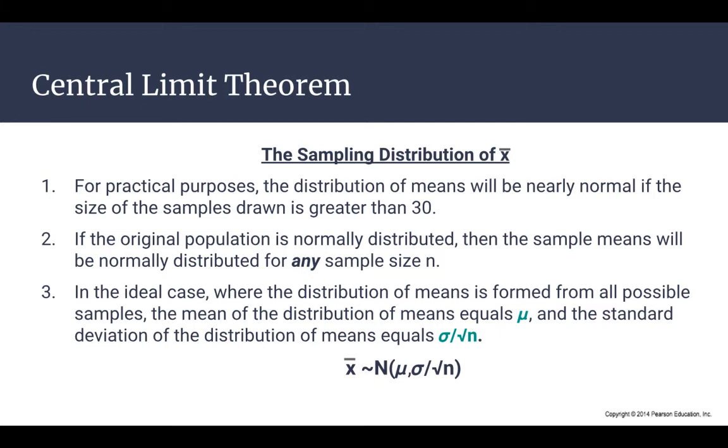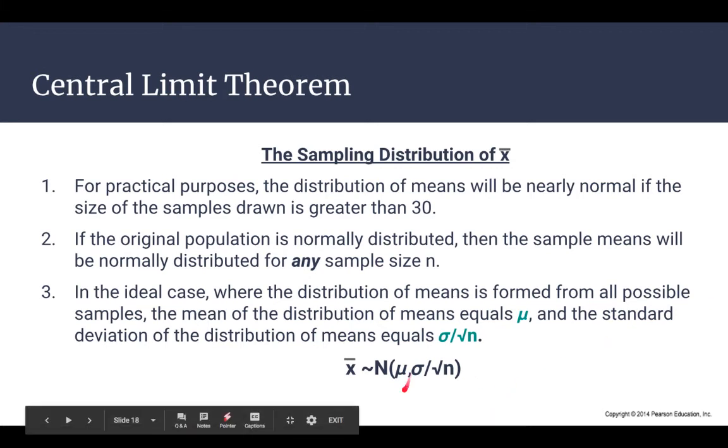In the ideal case, where the distribution of means is formed from all possible samples, the mean of the distribution of means equals mu, and the standard deviation of the distribution of means equals sigma divided by the square root of n. That allows me to create this notation here and say that the sample mean is normally distributed with mean mu and standard deviation sigma divided by the square root of n.